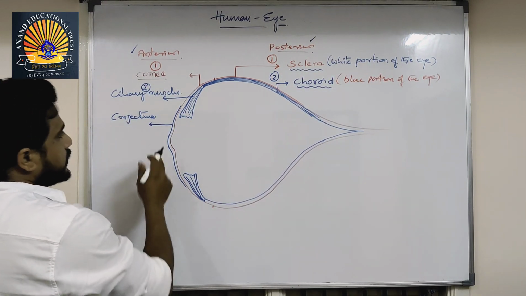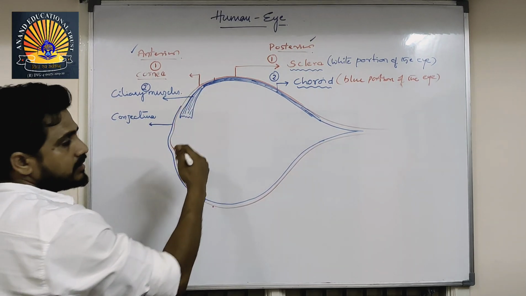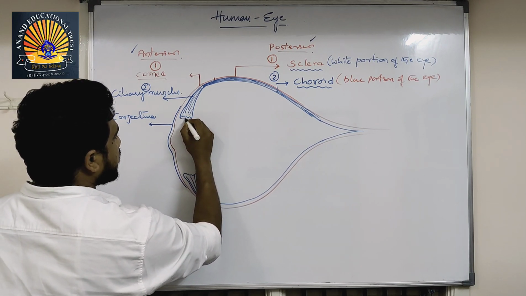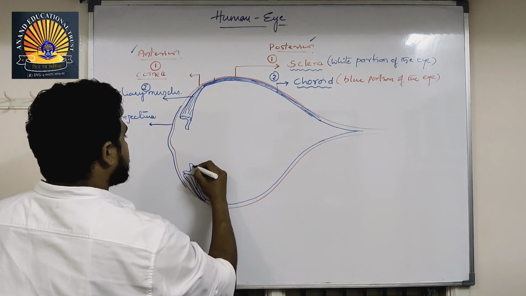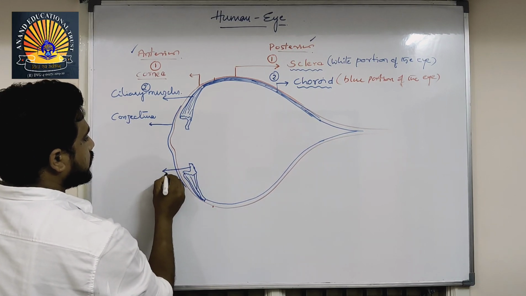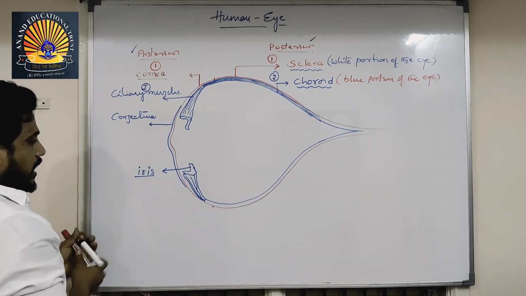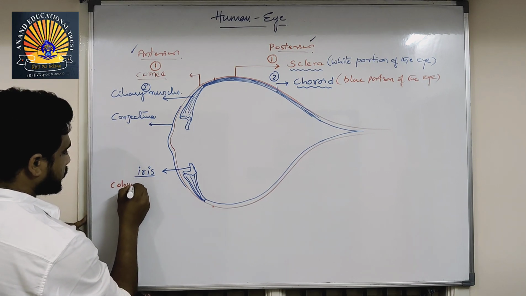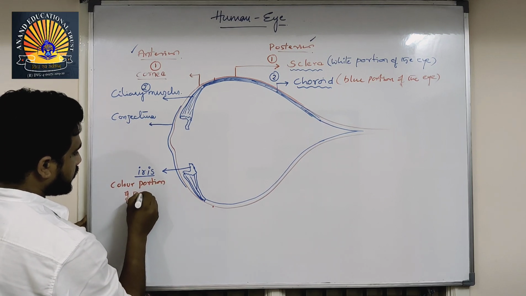No confusion. This second coat, the ciliary muscle, is not yet finished, but it will not become a circle, no? The ciliary muscles produce some extended portion called the iris. The iris is the colored portion of the eye.